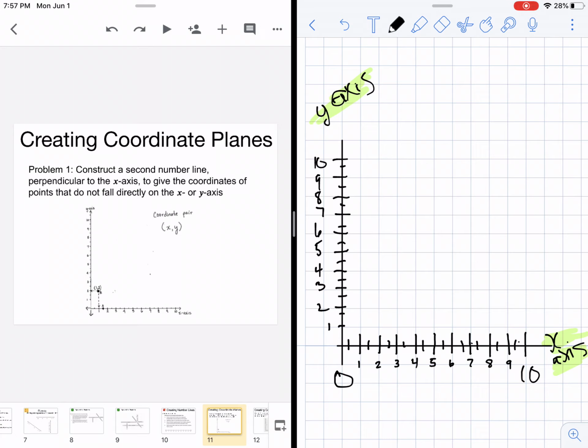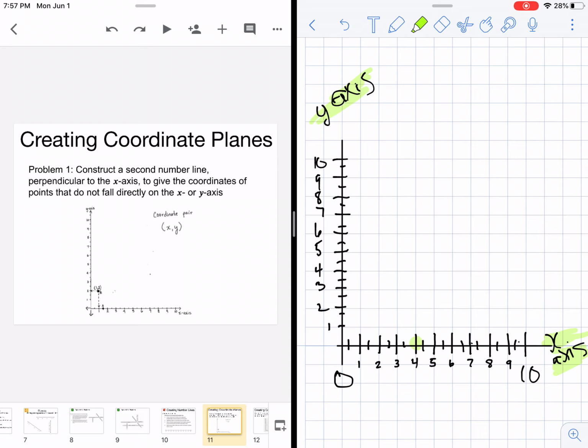So when you have an x-axis and a y-axis like this, now I am able to give you coordinates of a point that doesn't necessarily directly fall on your number line. So, go ahead and tell me, what is this number? Everybody tell me.